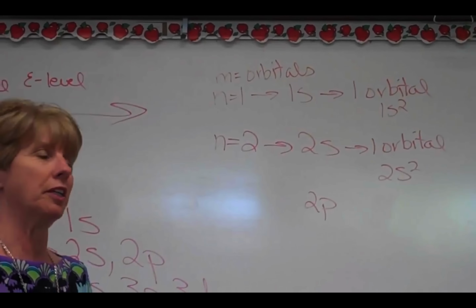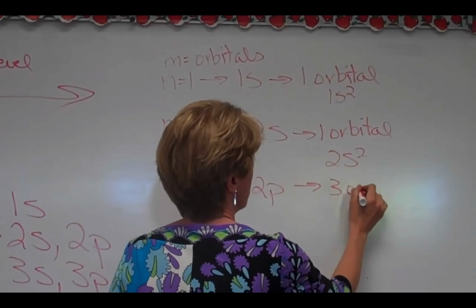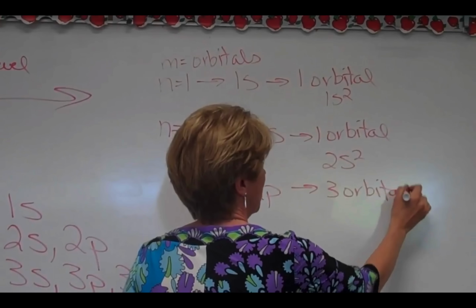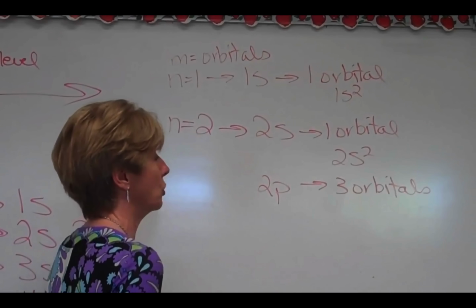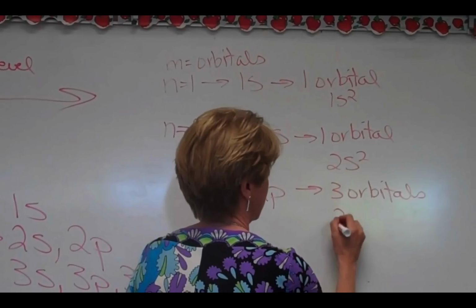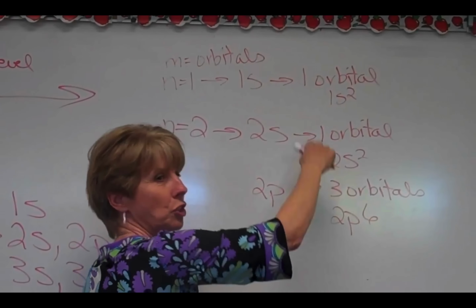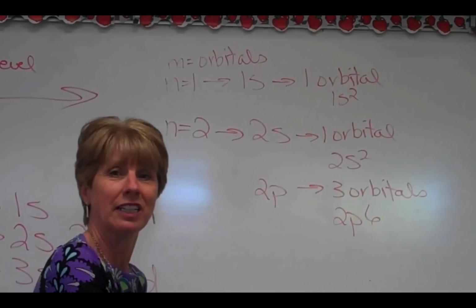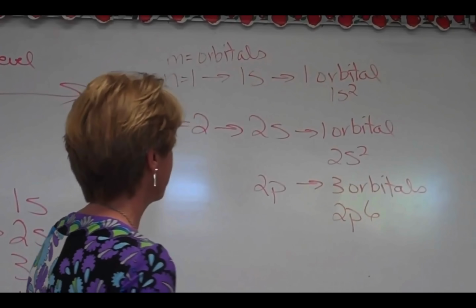Remember? S, P, D, F. Okay? P has 3 orbitals. How many electrons go in each orbital? 2. So how many electrons could be in a 2p sublevel? 6. Remember this? 1s2, 2s2, 2p6, 3s2, 3p6, 3d10.